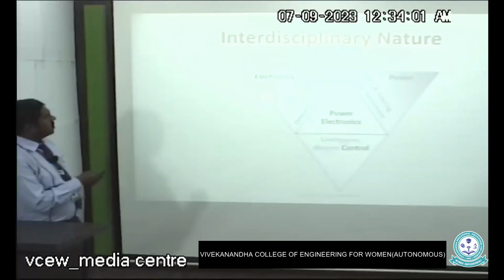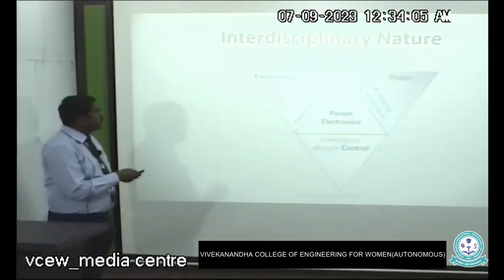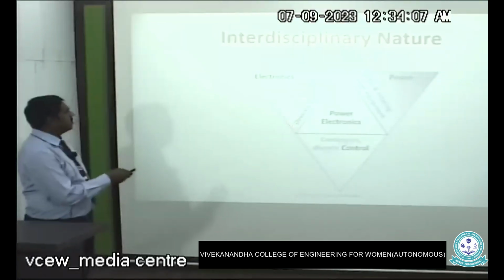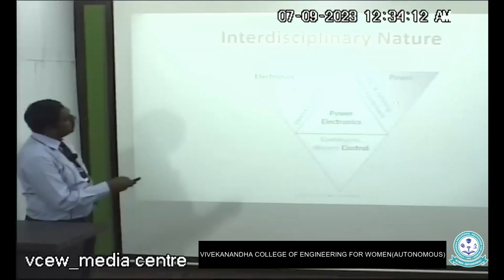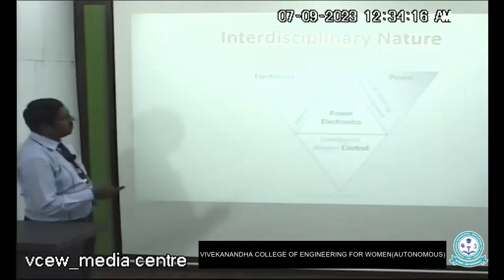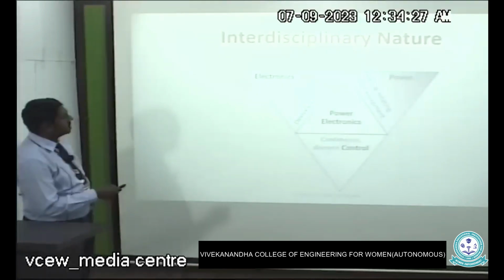In electronics we create circuits using semiconductor devices. Power comes from static or rotating power equipment. The third is control, which is continuous or discrete. The three are combined in one power electronics component.